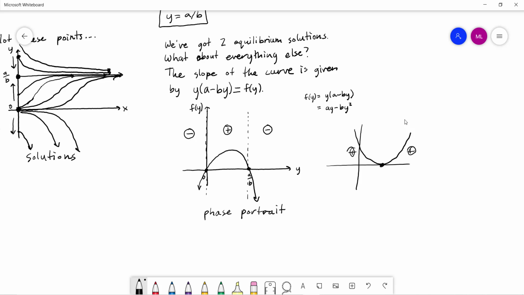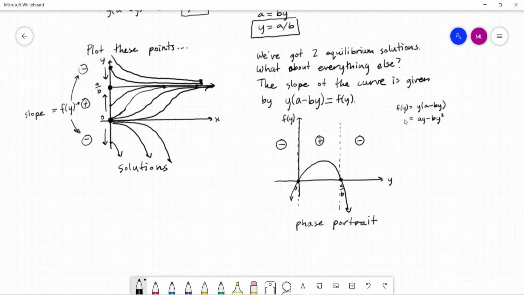Or similarly, but with the negatives. That's also going to be a possibility. So we'll see more examples of stuff like that down the line. But for now, this is the idea behind a phase portrait. And phase portraits work great, but they only work for autonomous equations.